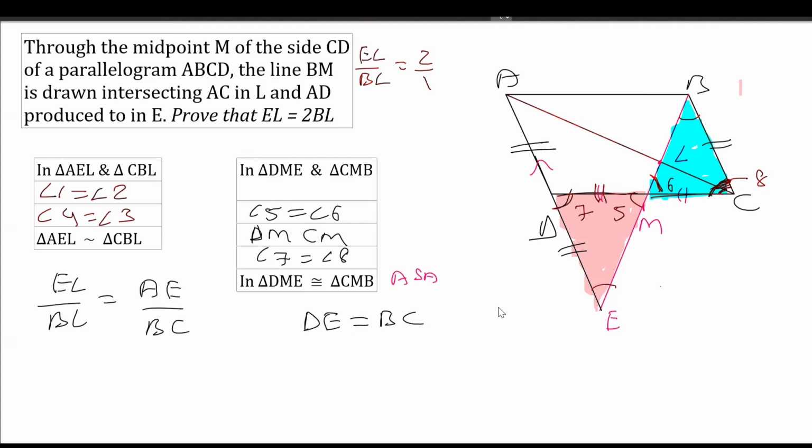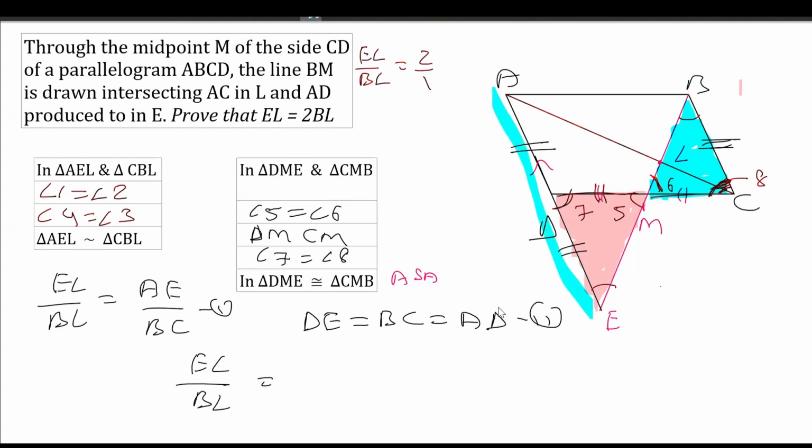Further, you can see that AD and BC are opposite sides, so BC is equal to AD as well, by opposite sides of a parallelogram. Let me mark this as equation 1 and this as equation 2. Now let's see what we get after using 1 and 2. Look at the side AE.